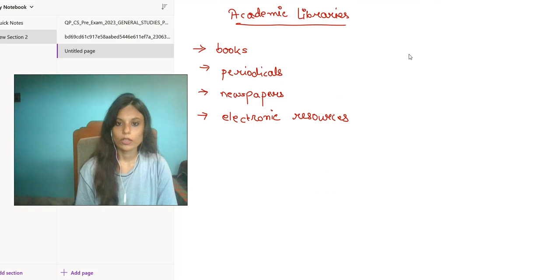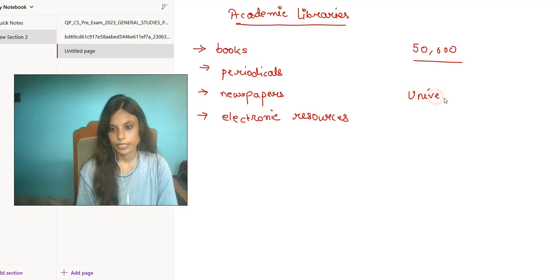We can say almost 50,000 academic libraries are there in our country, and the largest academic library in India is in the University of Delhi.